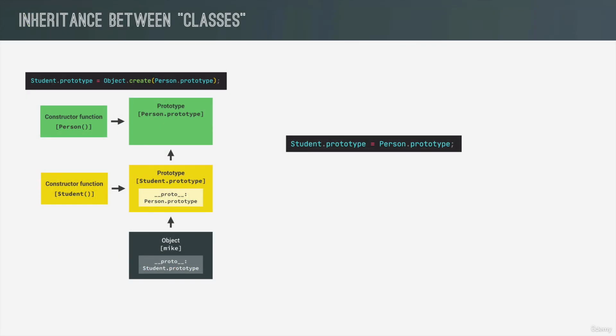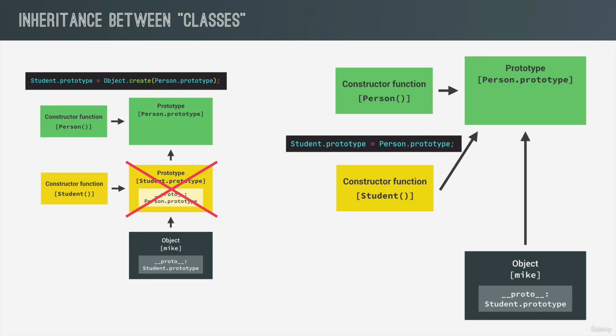So if we do student.prototype equal to person.prototype, then we will not end up with the prototype chain that we need. Instead, we would end up with this, which is a completely wrong prototype chain. And that's because here we're actually saying that the student's prototype property and the person's prototype property should be the exact same object.